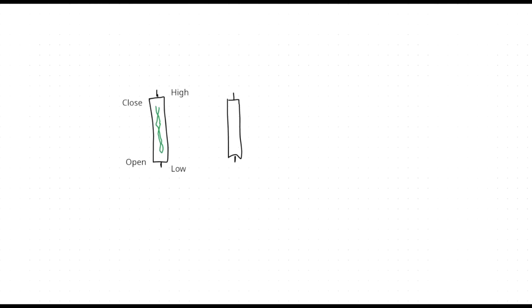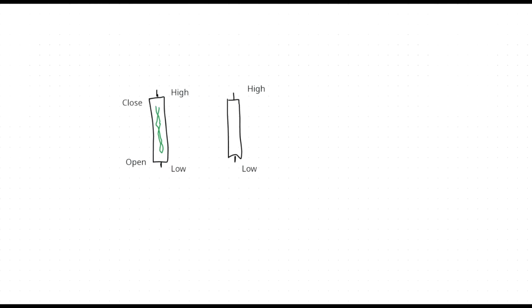So there's no difference. The top wick is still going to be the high, this is still the high, and this is still the low. No difference there. The change that's going to make this candlestick a different color is this right here. The close is actually going to be lower than the open.